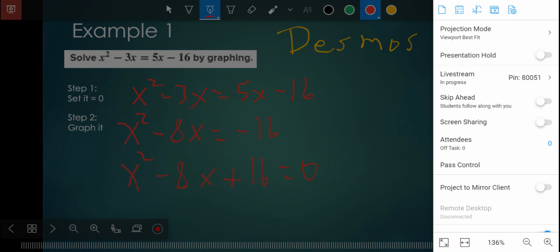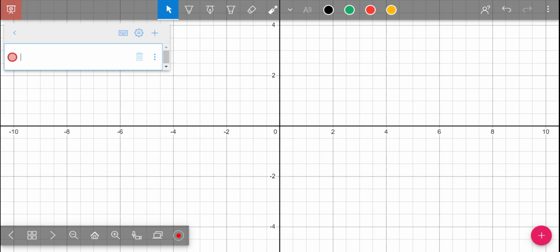I think, I could be wrong, I can just type that in here.